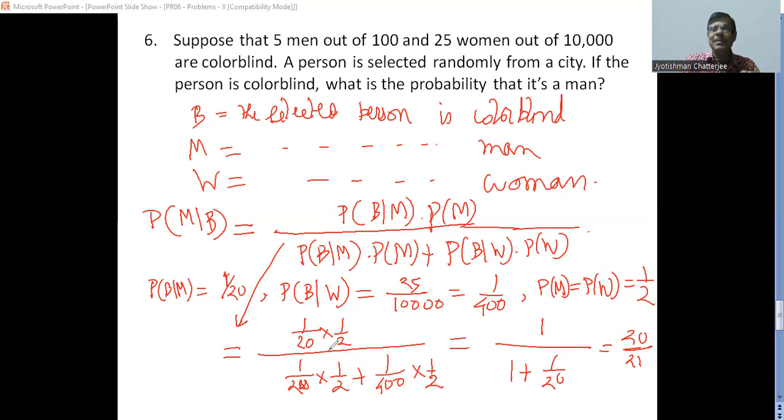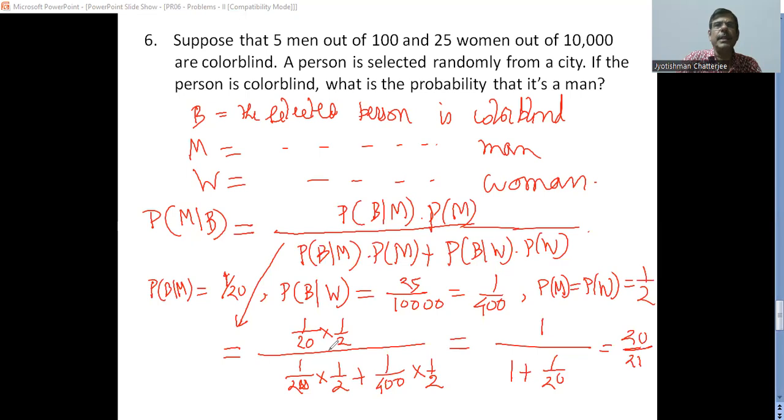So given that the selected person is colorblind, the chance of the person being a man is a lot higher than the chance of the selected person being a woman.